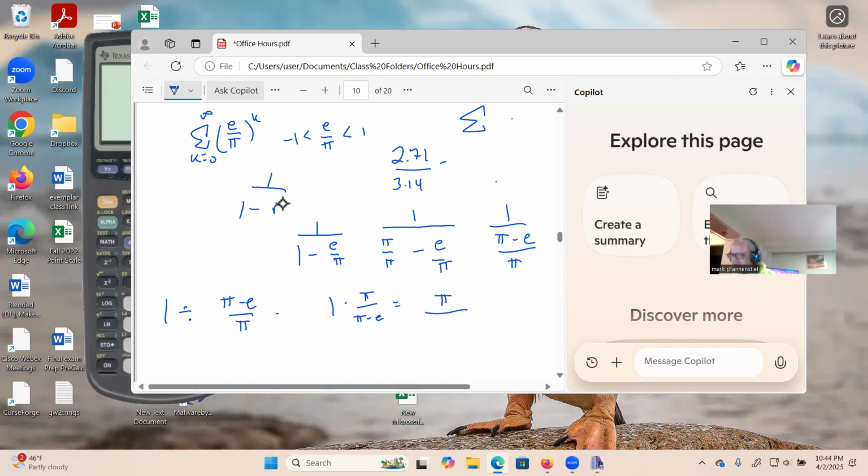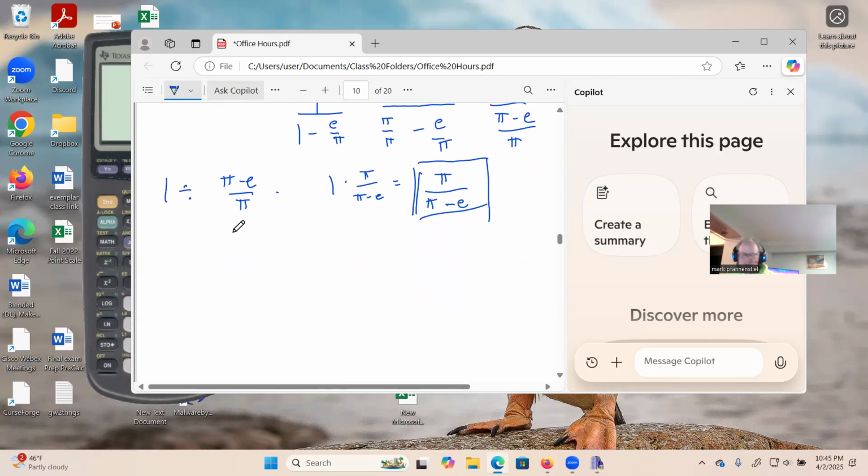So the value for this series is just pi divided by pi minus e, and we would say, okay, well done there. That is our value for this convergent sum, and that's what it converges to. There are a lot of problems like this that we are going to have in our books. I'll show you another one that I think is a particularly good one.